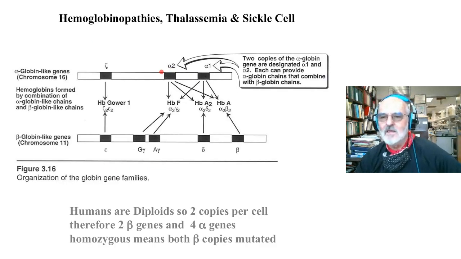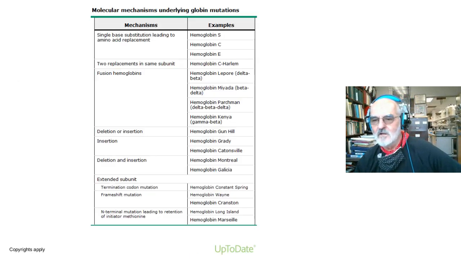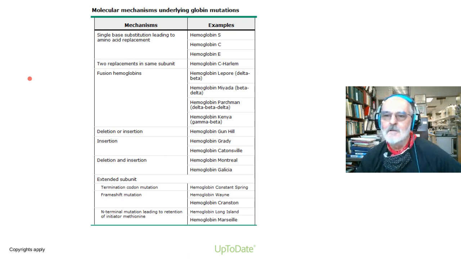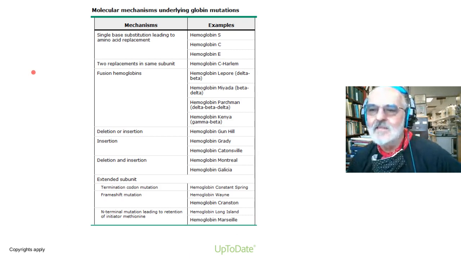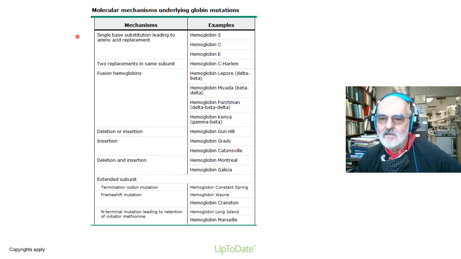So again, you have 4 copies total of alpha, and you have 2 copies total of beta because we're diploid. So this is the gene structure on a single DNA strand, but we are diploid, so we have 2 strands. Okay, and again, this lists lots of the genetic modifications that can occur that might affect hemoglobin expression.